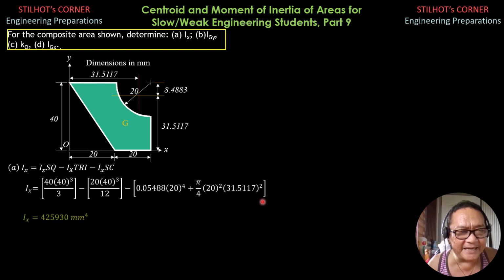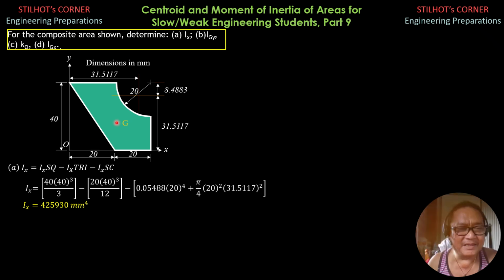So solving for Ix is equal to 42930 mm to the fourth. So take note, those students under me, that this is one of the problems I gave you in one of the quizzes that I gave you.